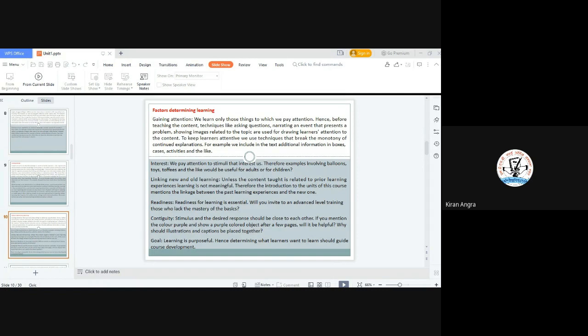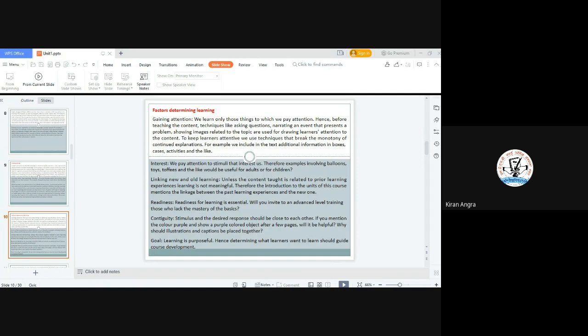If they want to go for alphabet training, they will have pictures of apples, or pictures of toys and toffees. Like this, we try to put things in the instructional material which interest them, so that they hear it and hence learn it.